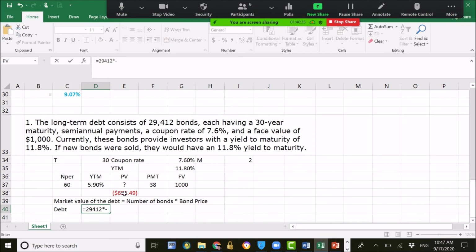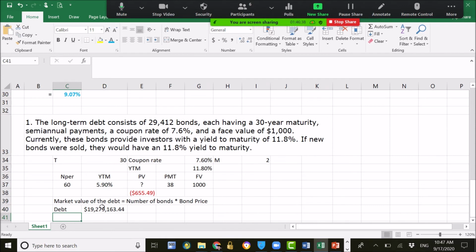So this is my total debt. I found the total debt.